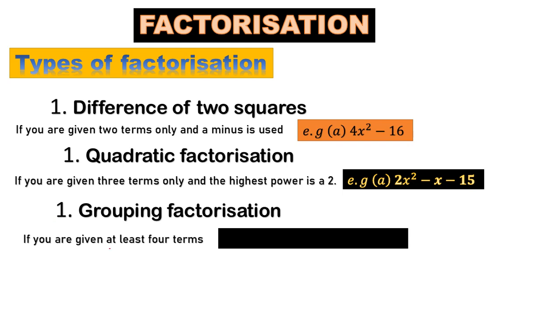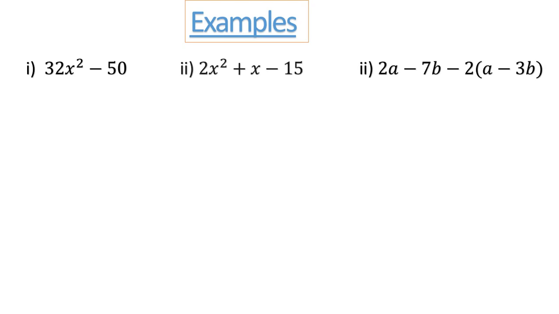If you look at this example here, you have 1, 2, 3 and 4 terms. So what should come to your mind is that this is a grouping factorization, and you need to group the like terms together like that. Okay, so let's jump into our problems so that we can practice what we've learned. So we have 3 types of factorization, and we start with our problems here.